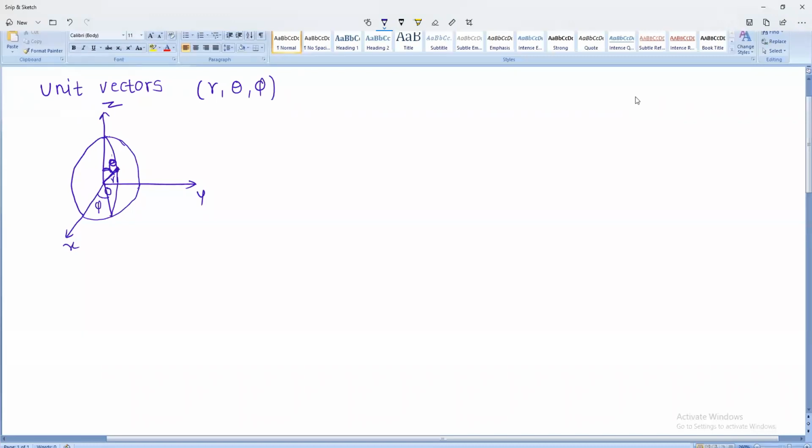Now the radius of the sphere is in which direction? See, the radius direction is going in this direction, right? So what is the unit vector of the r coordinate?